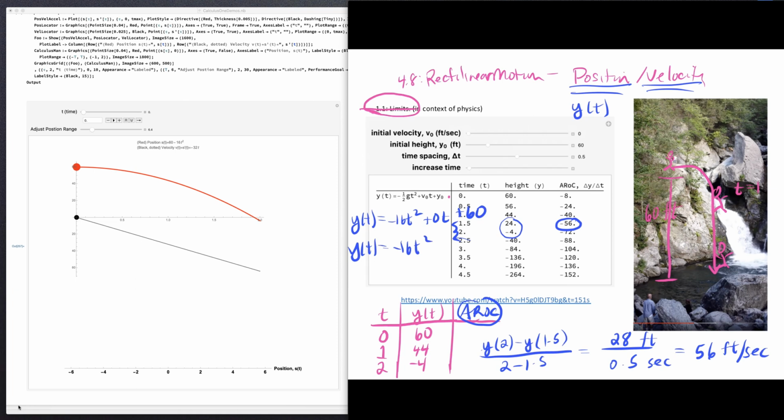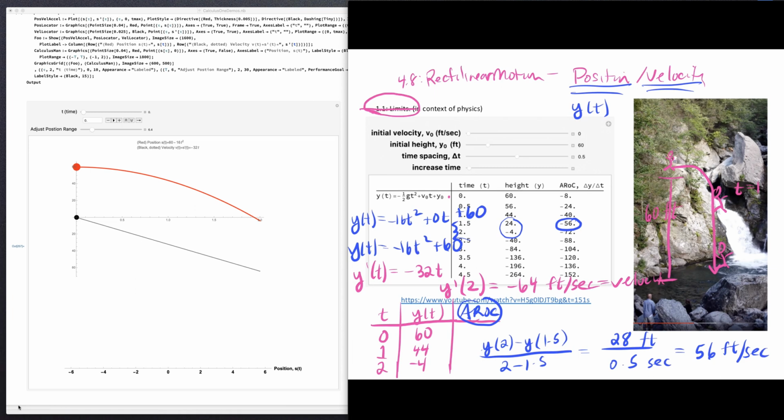Then -16t squared plus 60 is the height function. With all of our derivative skills, we know now that the derivative of this function is -32t. If we look at the derivative at 2 seconds, the time at which they hit the water, you will get minus 64 feet per second, which is the velocity.